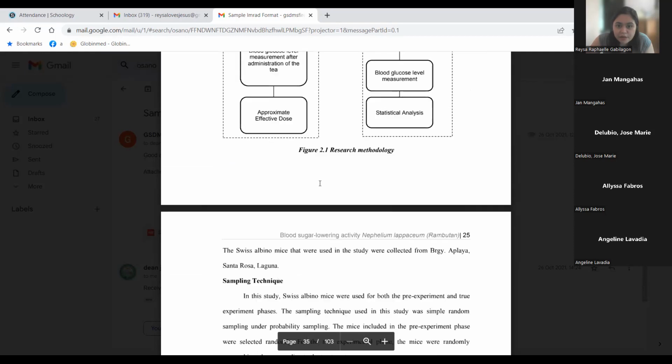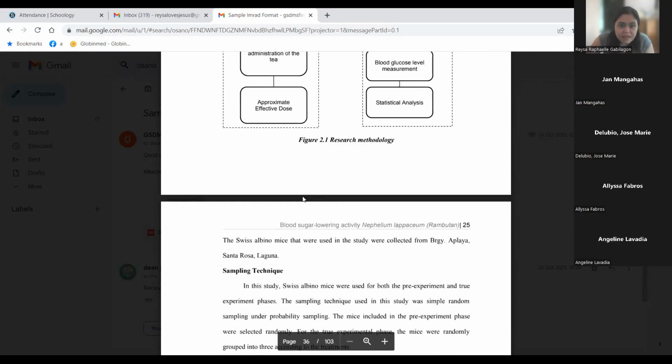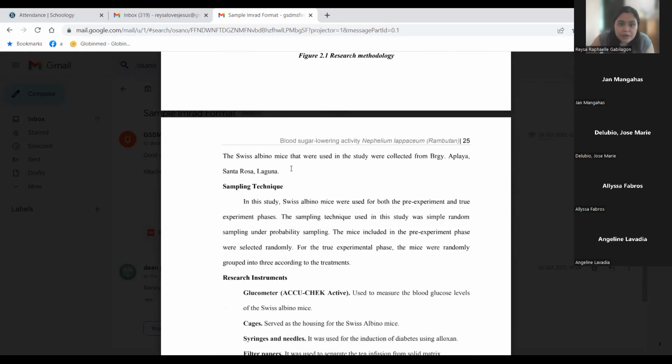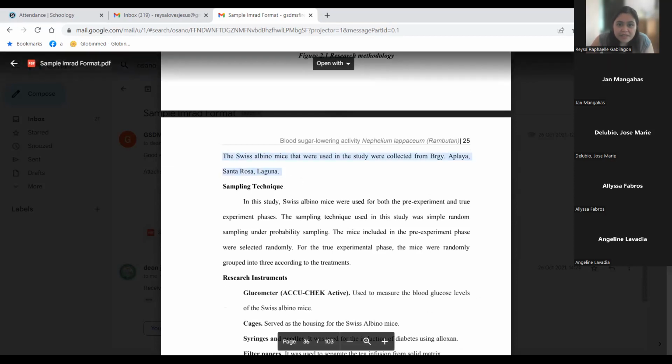And there is a third one. They have a third locale. The Swiss albino mice that were used in the study were collected from Barangay Aplaya, Santa Rosa, Laguna. Okay. So, that is what I mean, the research local of an experimental study is longer, because the things you will use in research, where you got them, you will also put in the research local aside from the place of the experimentation itself.